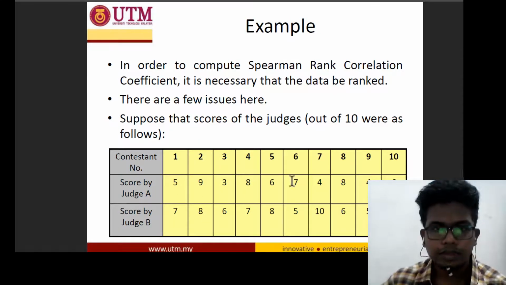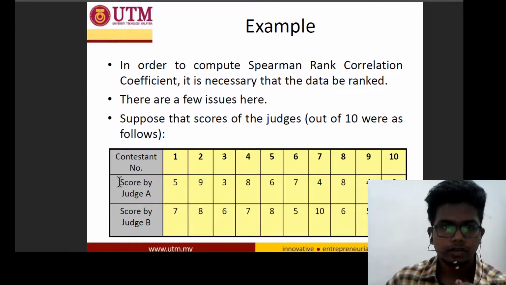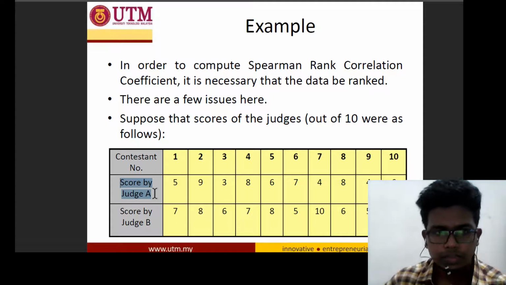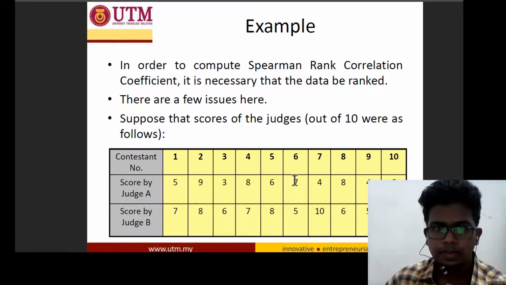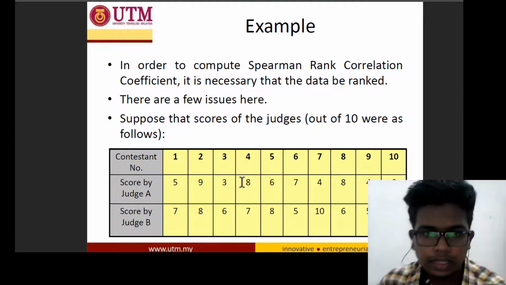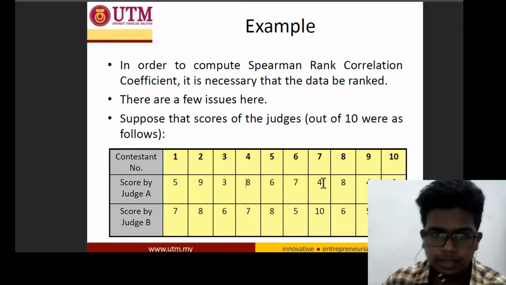So from here we have to find the rank of the score by judge A, according to which one is the first rank in this category. The highest number is 9, so this one is the first. The second one is 8 and 8.